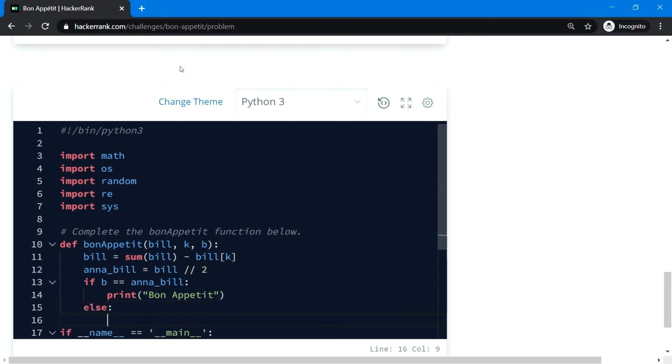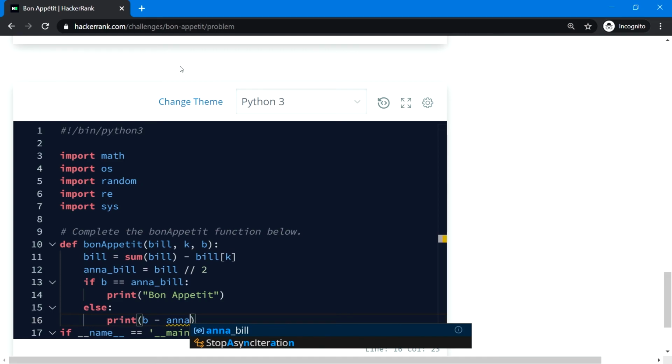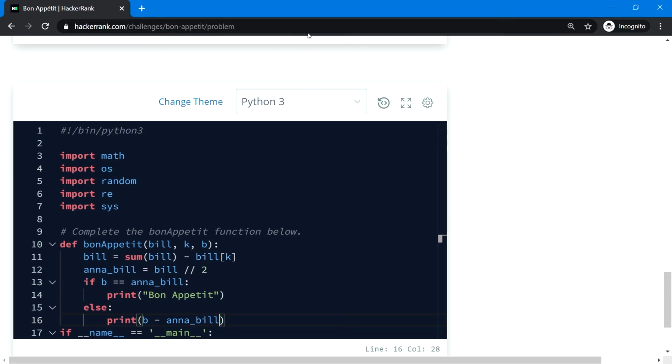Else, if that's not correct, we subtract b, the amount Brian charged Anna, from the actual amount of Anna's bill. And this should be it.